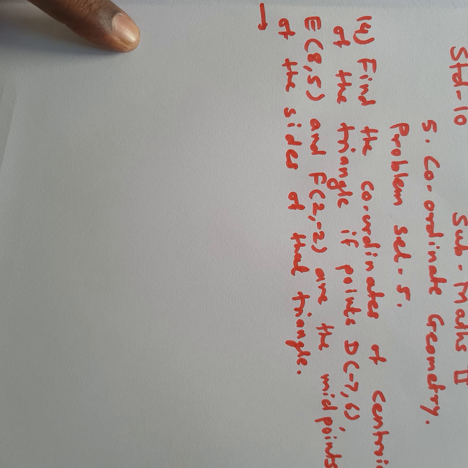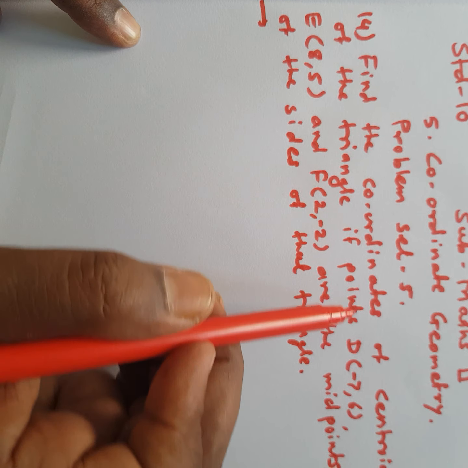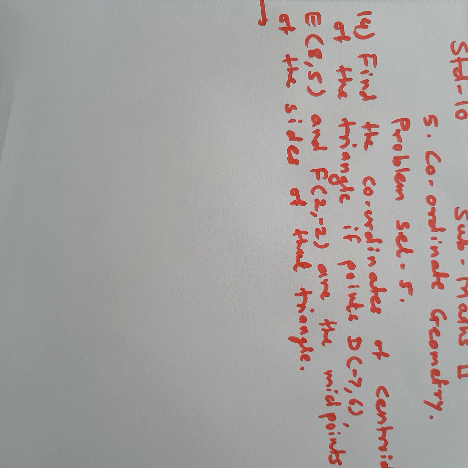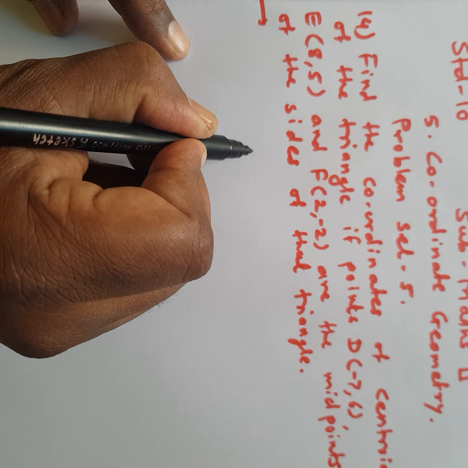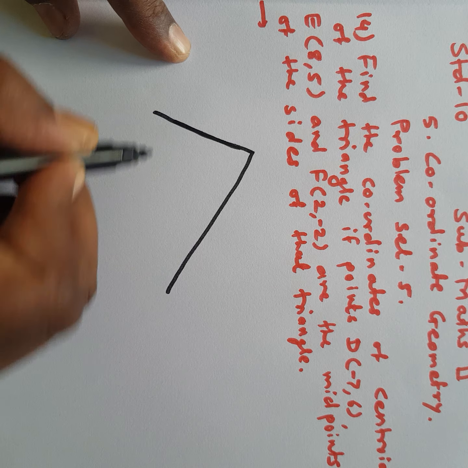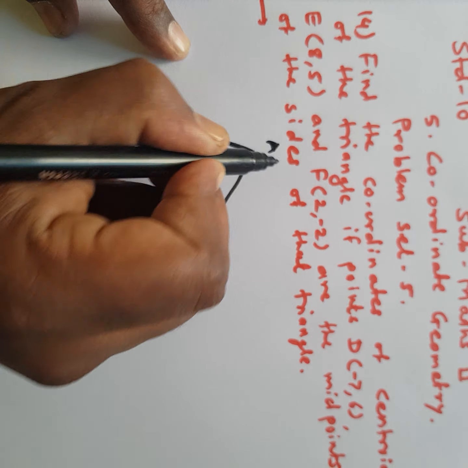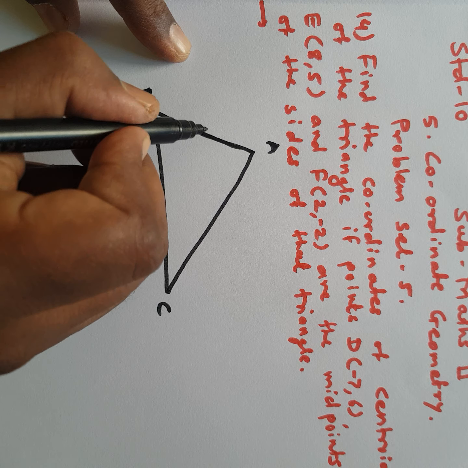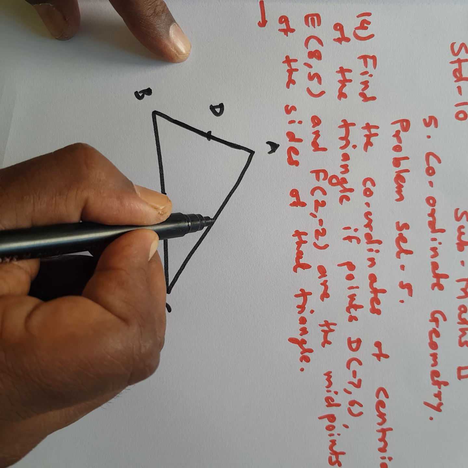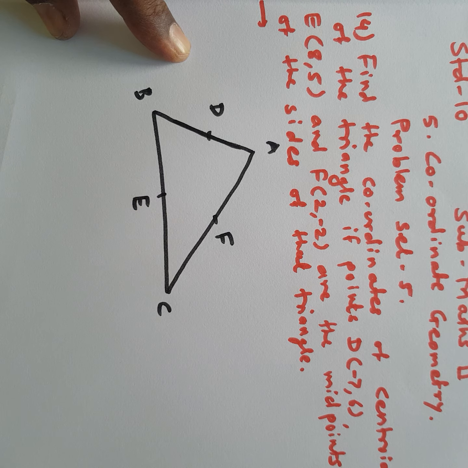We will see that example. Find the coordinates of the centroid of the triangle if the points D, E and F are the midpoints of the sides of the triangle. Given points are not the vertices of the triangle but the midpoints of the sides of the triangle. See here, if any triangle ABC, then D, E and F are midpoints of the sides of the triangle.